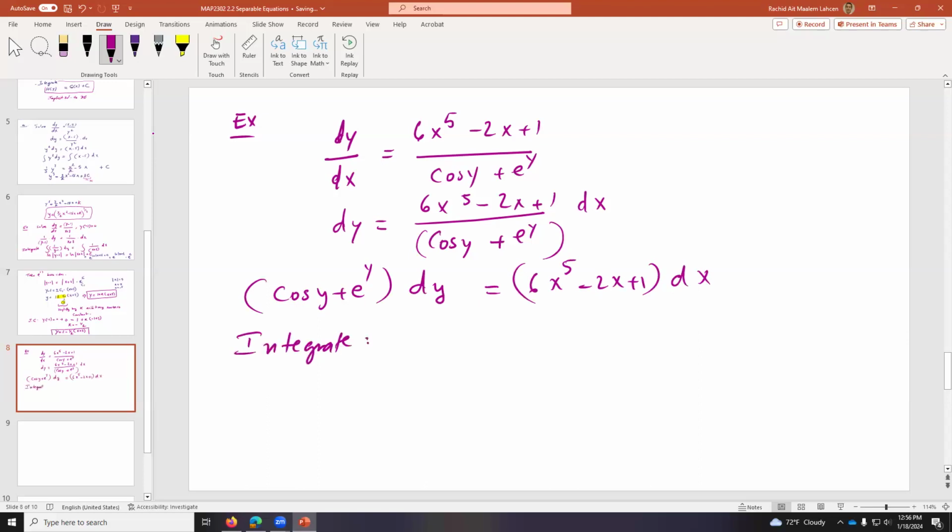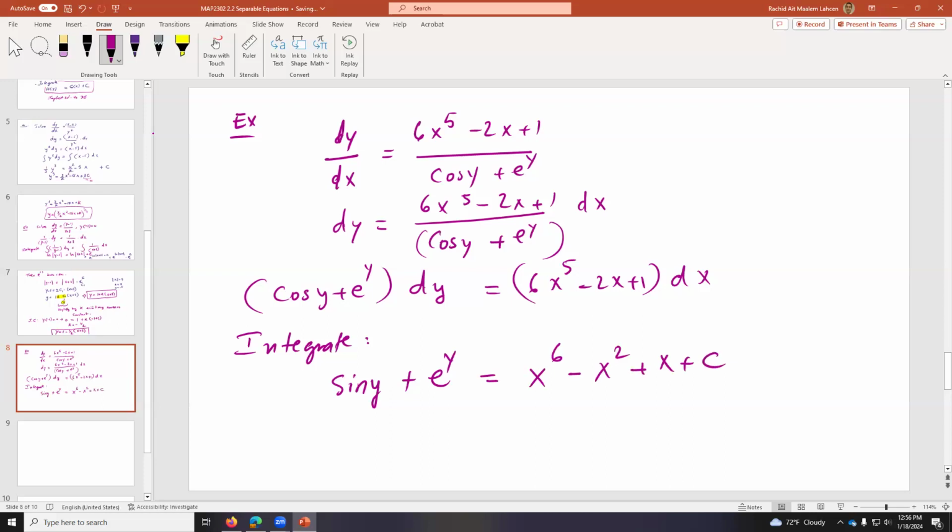Even though it looks difficult, you still see that you can integrate each one. Integrate cosine of y dy, you get sine of y. Integrate e to the y, you get e to the y. On the right-hand side, you get x to the sixth minus x squared, and integrating 1 gives you x, plus a constant.